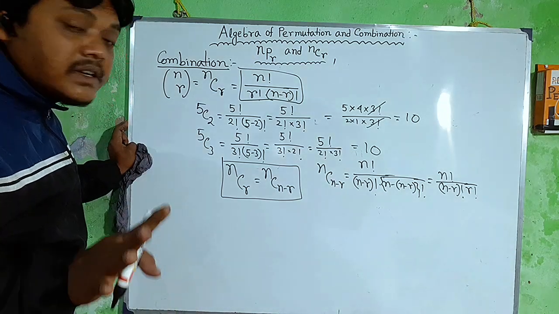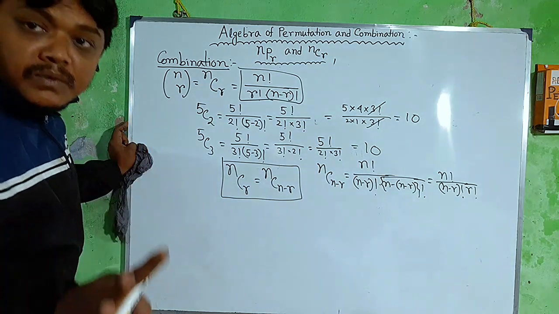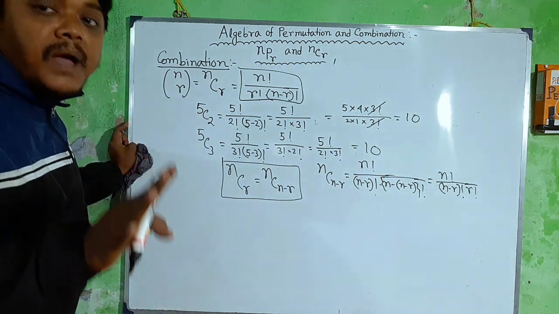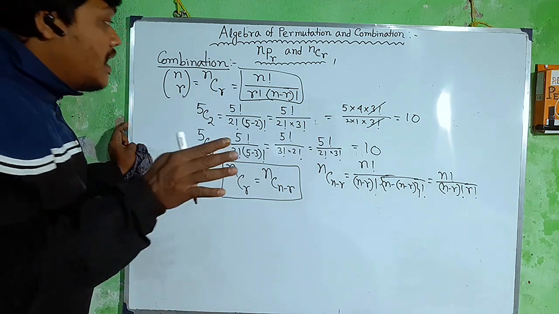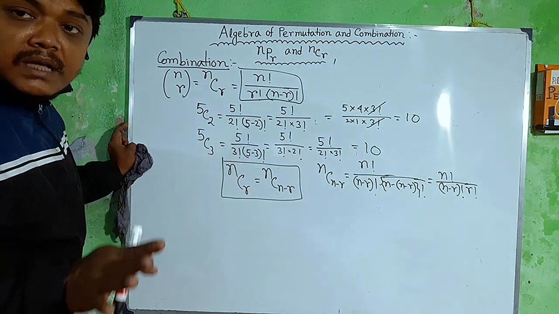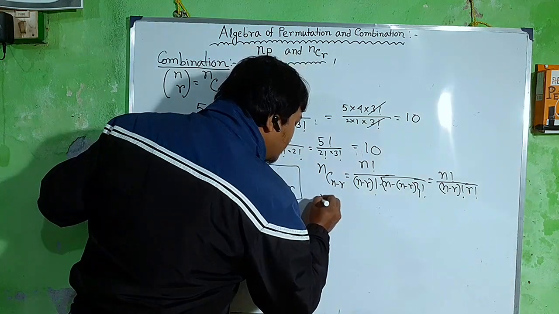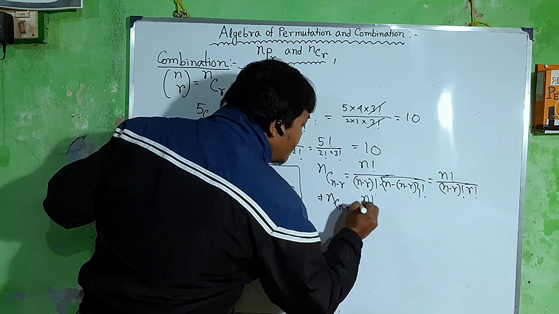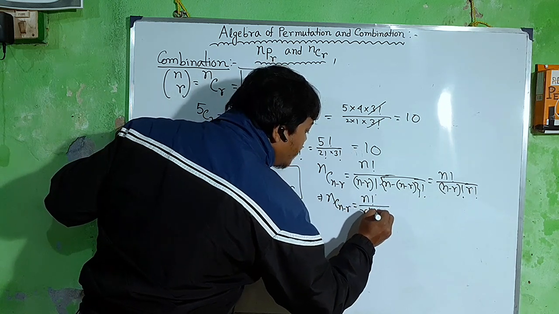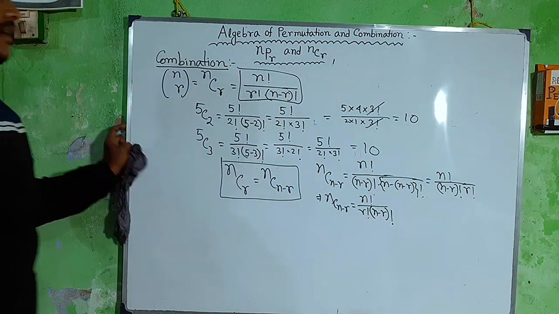And this nCr or nPr is always true for non-negative integers. Fractions cannot be defined and negatives cannot be defined. Negative of permutation, negative of combination, negative of factorial cannot be defined. So n and r are all non-negative integers. So you see that nC(n minus r) equals n factorial by r factorial into (n minus r) factorial, and both are the same.